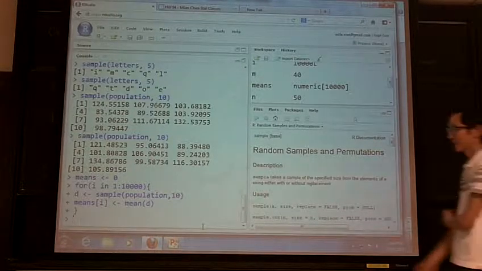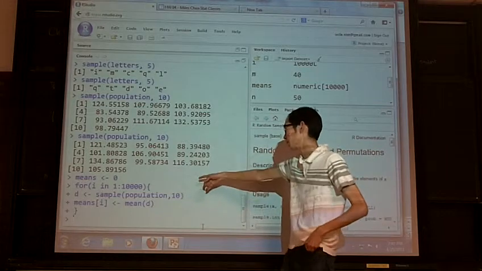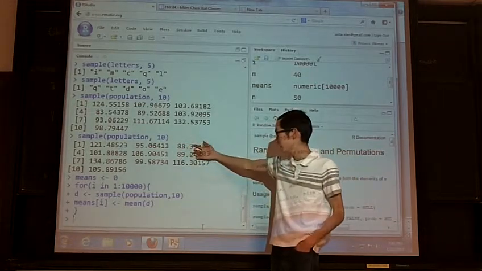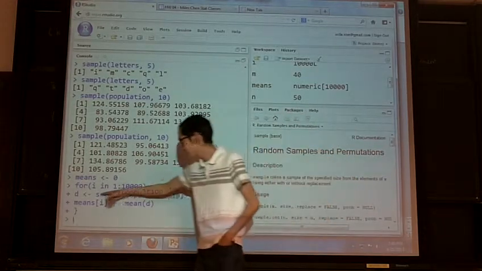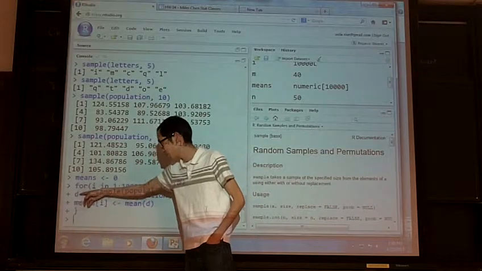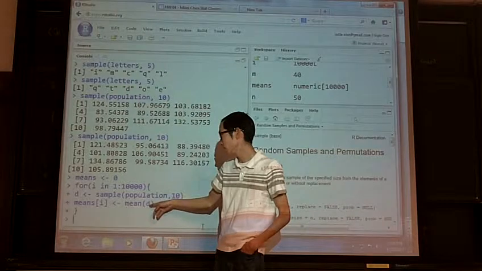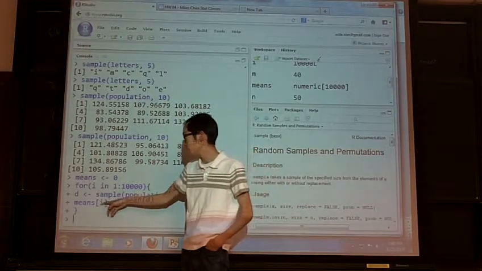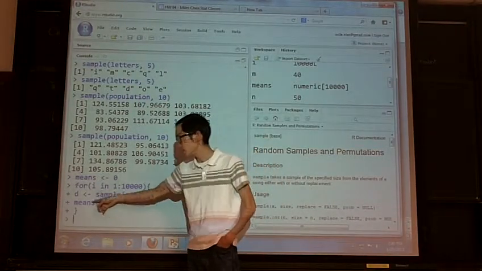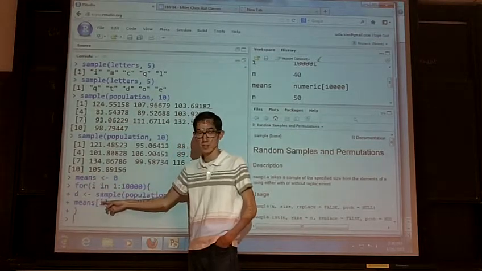It's done. It did it 10,000 times. It took a sample of size 10 each time, stored it into a temporary thing called D. Then it calculated the mean of D, and put the mean of D into this variable called means.